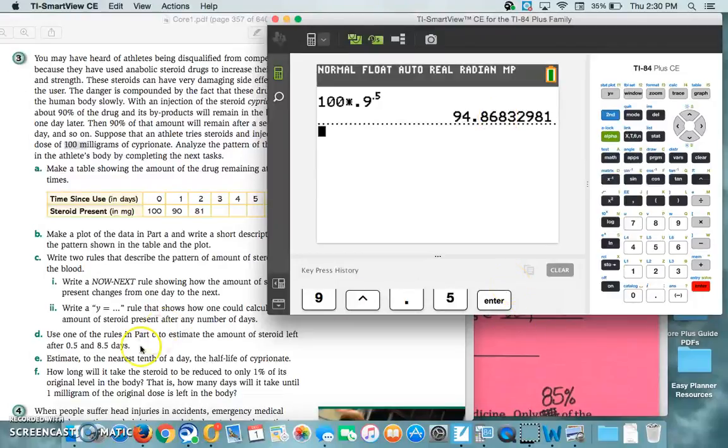The next part is 8.5 days later, so 100 times 0.9 raised to 8.5 gives about 40.83 milligrams of the steroid.